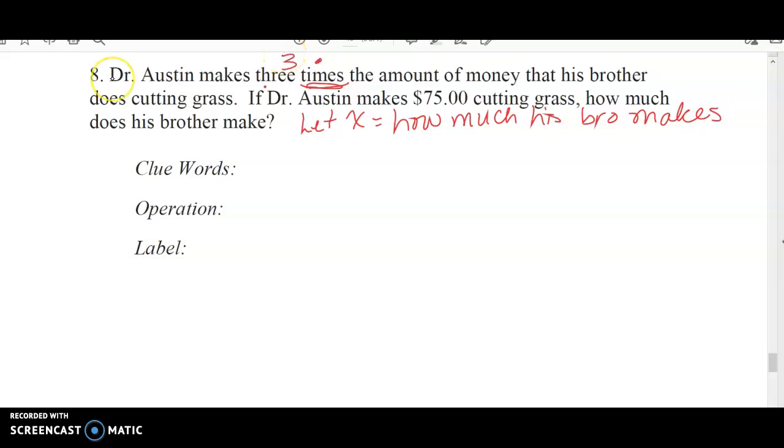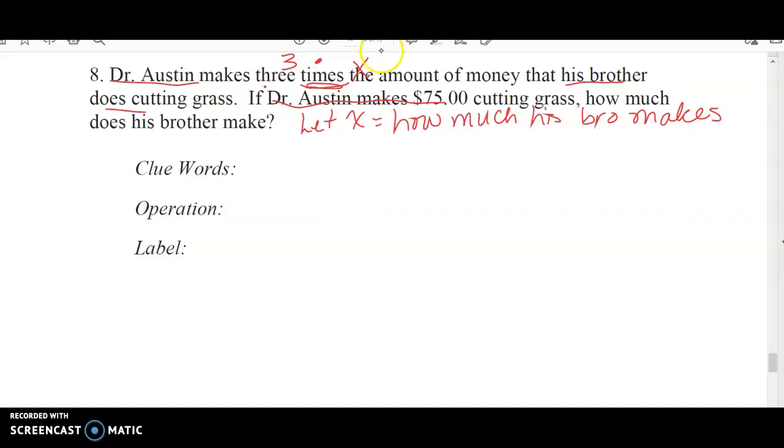That something is, all right, Dr. Austin makes 3 times the amount of money his brother does. Well, what did I say was the amount of money his brother does? Oh, that's X. That's what I'm looking to find. So it's 3 times the amount of money his brother makes. Dr. Austin makes $75.